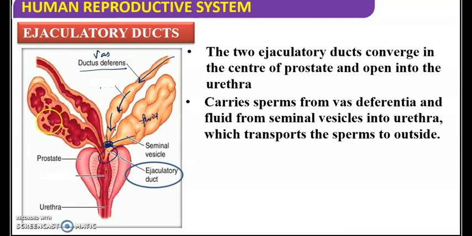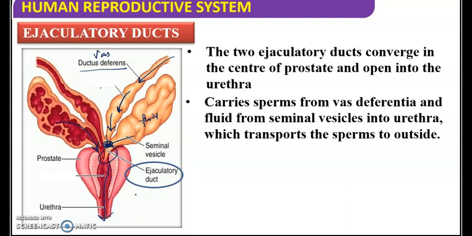Along with that, the prostate gland also produces another fluid which also gets mixed up here. Basically the sperms mix with the different fluids of the glands, forming the seminal fluid, and then it moves through the urethra out of the body.